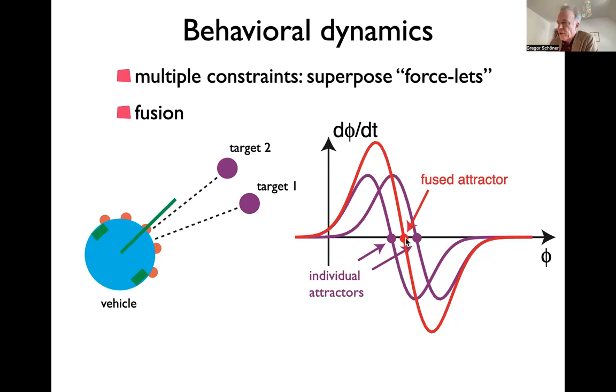That would have an attractor at some arithmetic mean between these two targets, depending on the slopes, and the slope is a little bit steeper. In fact, if they were really very close, overlapping, it would be twice as steep. Here it's a little less than twice, because these are not exactly overlapping. So that will be an averaging behavior of these two contributions, and that might be reasonable for targets that are very close. These could even be just different sensory estimates of the same target.